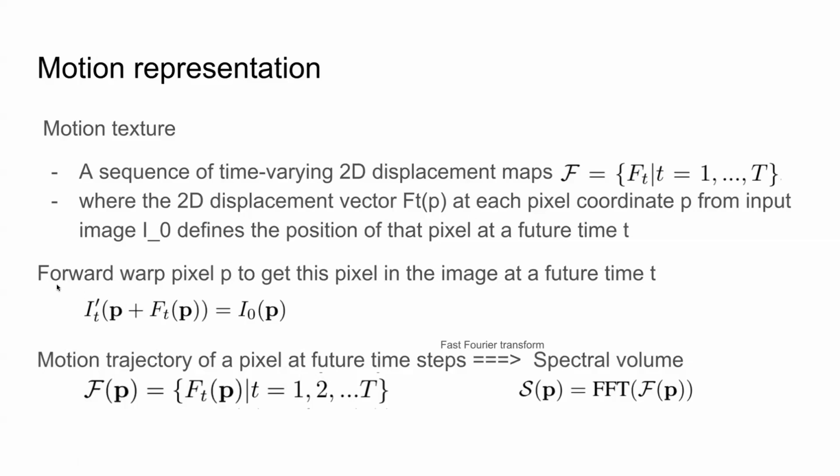For example, I here is an image, because a video is actually a bunch of images sequenced together. So I0 is the first image, the original one, and IT is the image we would see at a future time T. And P here is the pixel.